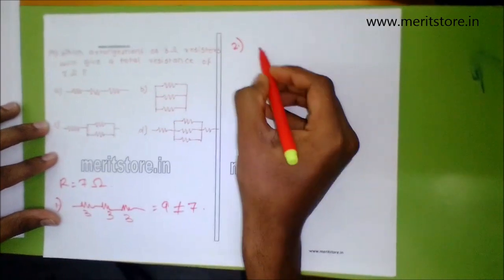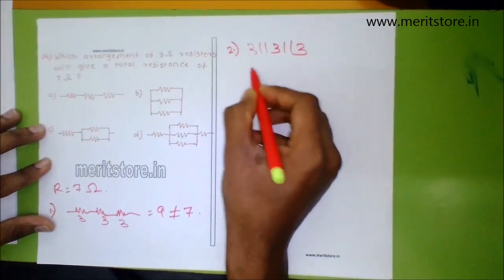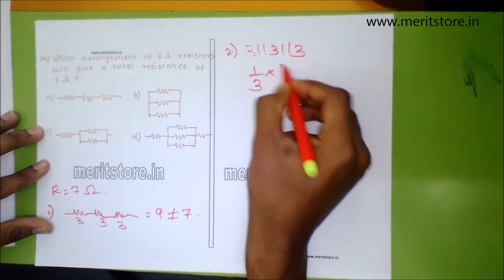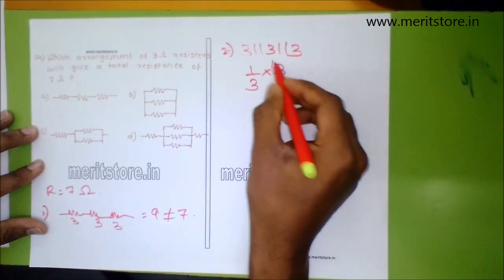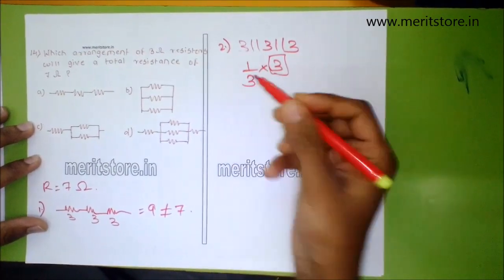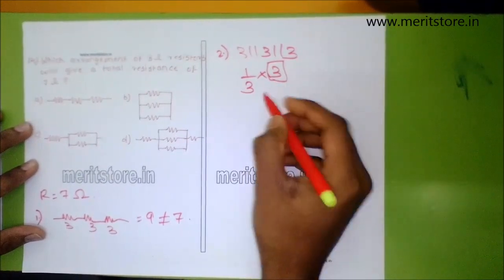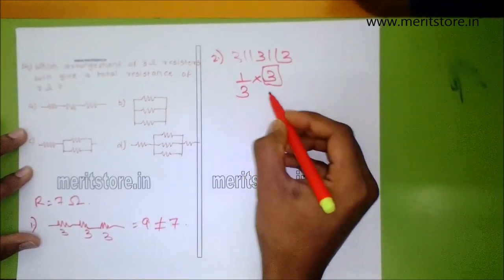For the second option, since all the 3 resistances are connected in parallel, 3 parallel to 3 would give 1/3 times 3. Note that all the resistances are of equal value, so in parallel combination the effective resistance gets divided by the number of repetitions.